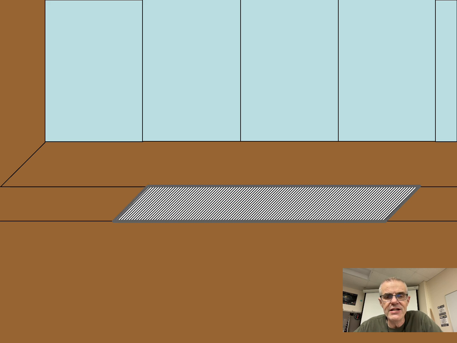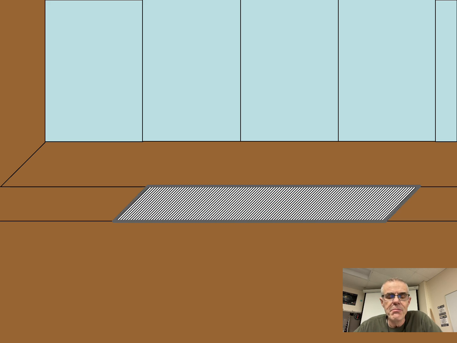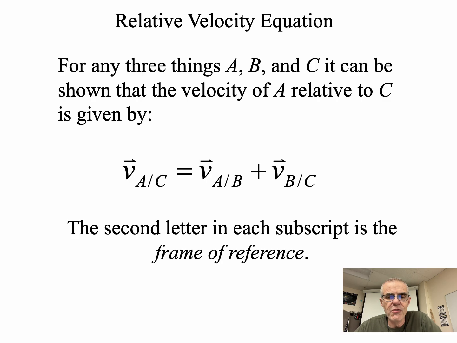My theory is that it's fun because in a way you have two velocities at the same time when you're on the sidewalk. And I think it's a simple example to help you understand this equation that we're looking at here. So what we can say is that the velocity of any three things or substances or whatever it might be, and this is actually kind of interesting, this applies to pretty much any three things you want to name.